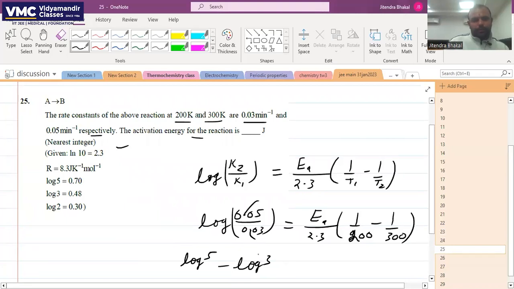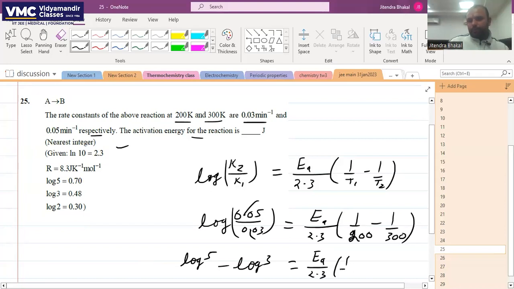The value of log 5 is given 0.70 and log 3 is also given. Now on calculation, we will get the value of EA.